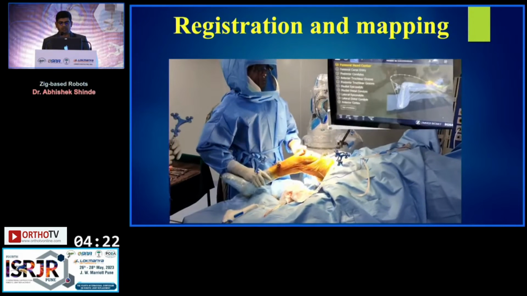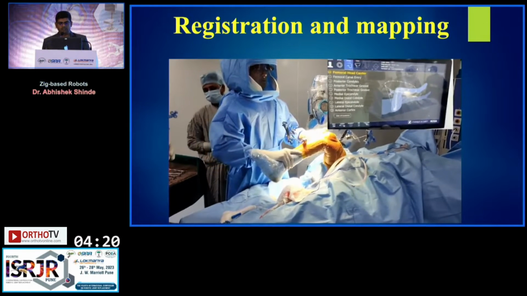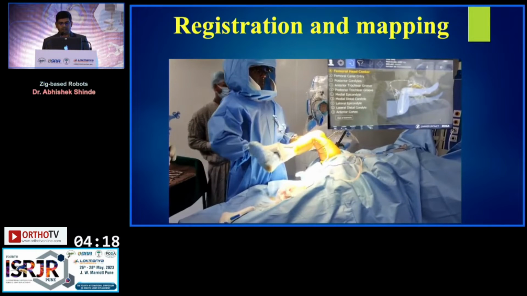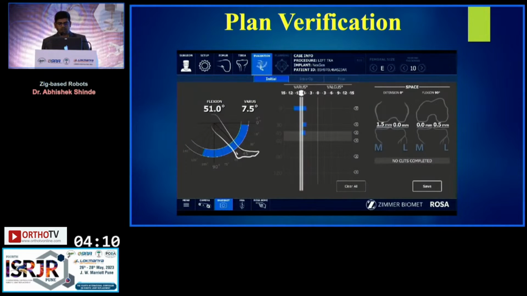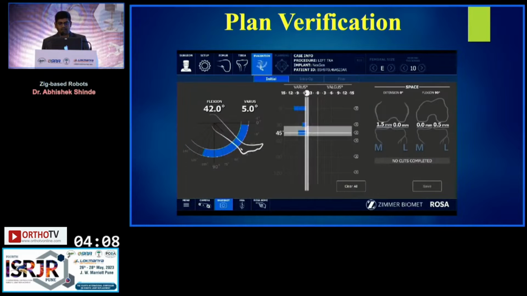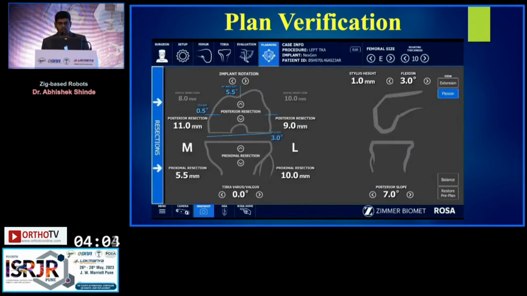This is just a video demonstration of all the different points covered yesterday. Plan verification: once you've verified the plan in extension and in different degrees of flexion, 30, 45, 60, 90, 120, then you can take the guided cut.